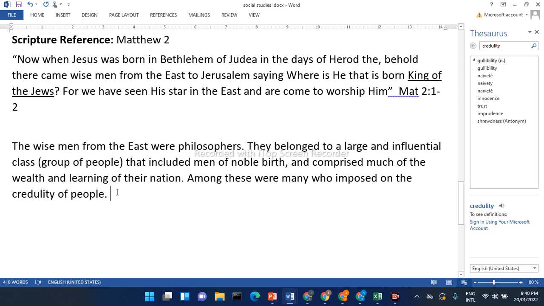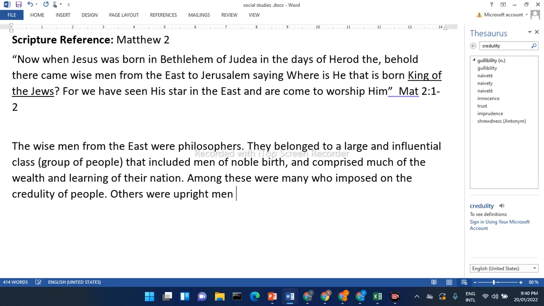That's one part of the larger group that consisted of the wise men. But there was another part of the wise men, who were more upright, more noble, more men of integrity. So others were upright men.